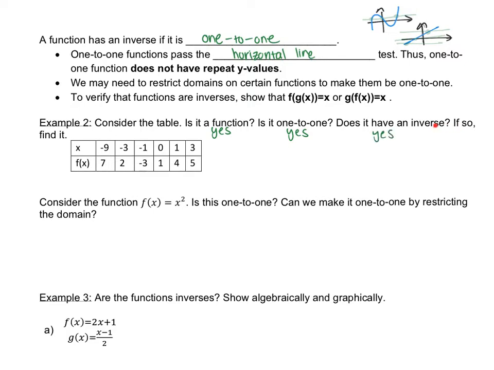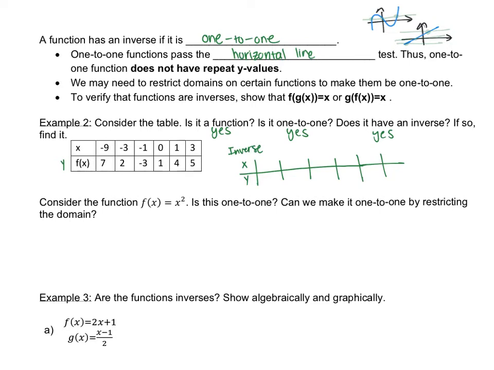If it has an inverse, you have to find the inverse function, and that's relatively simple. If you remember, this f of x is really just y, so all you have to do is make a new table. I'll do my best. Let's see, how many columns did we have? I'm going to call this my x, this my y, and this is my inverse table now.